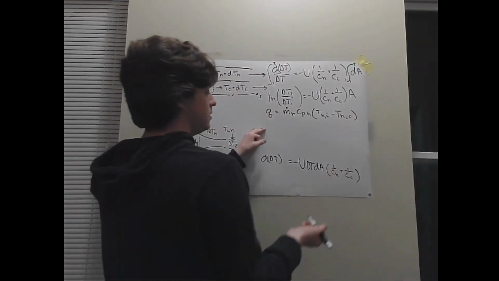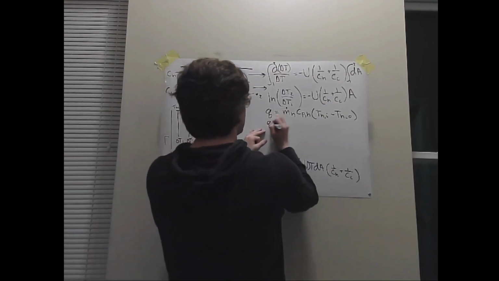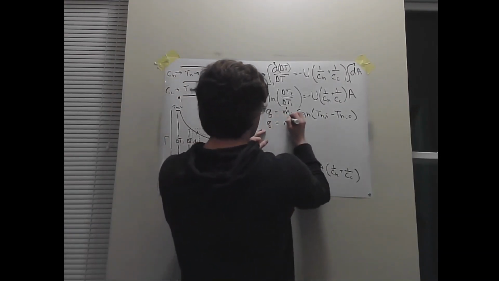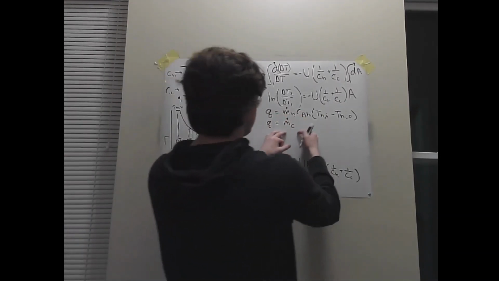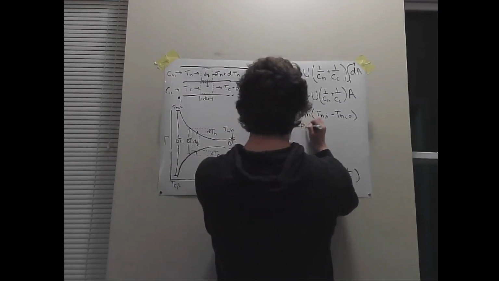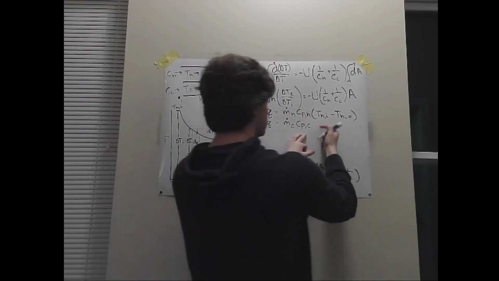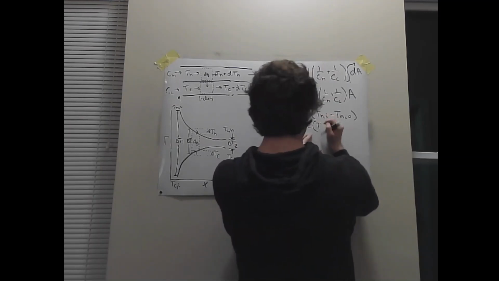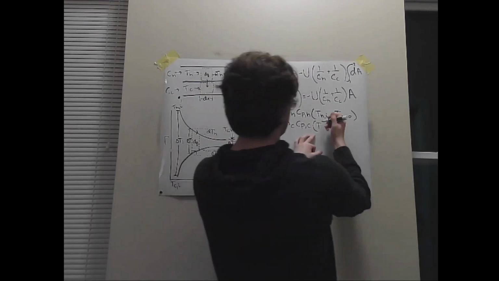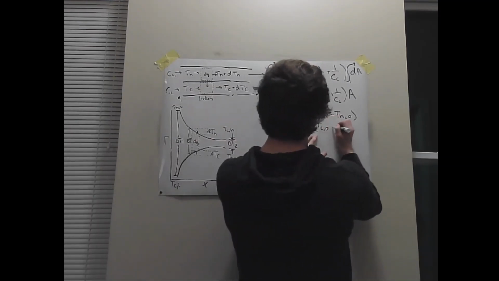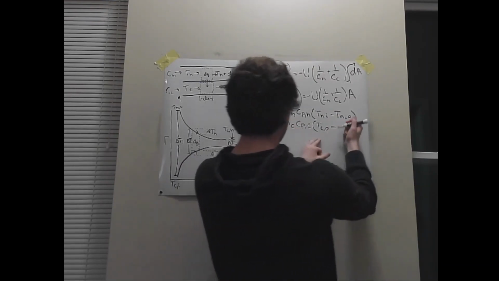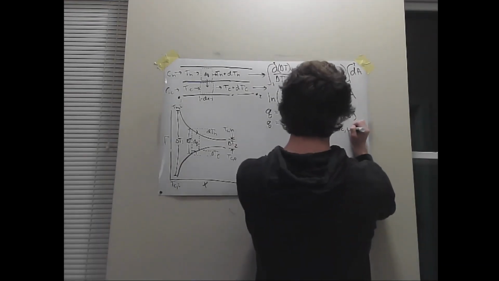And then we can do the same thing and define Q for the cold stream, which is just going to be the mass flow rate for the cold stream times the specific heat capacity for the cold stream. And in this case, the temperature change is the outlet minus the inlet temperature.